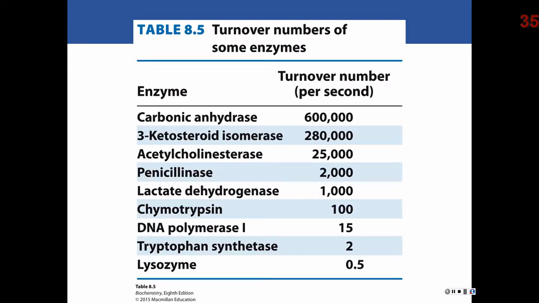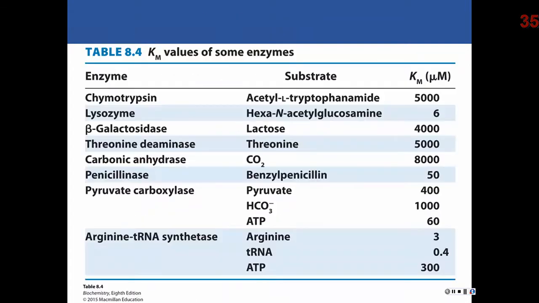Again, we saw these yesterday, but these are some turnover numbers, or Kcat numbers, for these enzymes. We see that carbonic anhydrase is turning over 600,000 per second, but lysozyme is turning over 0.5 per second. If we go back and look at our Km, our carbonic anhydrase is 8,000, and our lysozyme is 6.